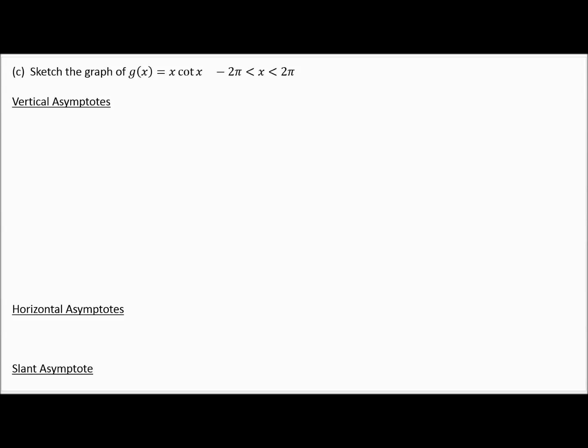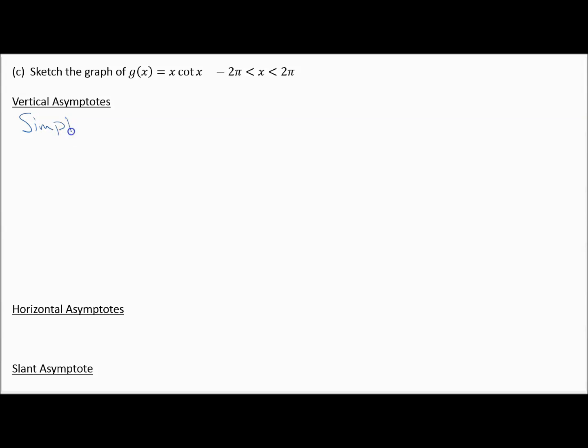And the next thing we need to find are vertical asymptotes. Now, vertical asymptotes happen when you get plus or minus infinity when you take the limit approaching a particular value. But now you've got to find that particular value. So essentially what you're doing is you're finding out where the function is undefined, but after you simplify.